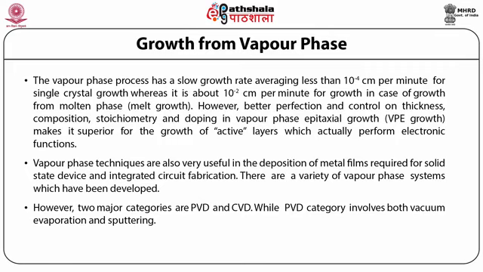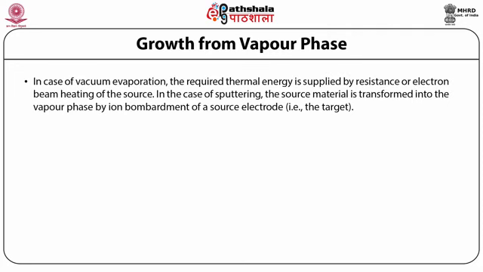The PVD category involves both vacuum evaporation and sputtering. In vacuum evaporation, the required thermal energy is supplied by resistance or electron beam heating of the source. In sputtering, the source material is transformed into the vapor phase by ion bombardment of a source electrode, that is the target.